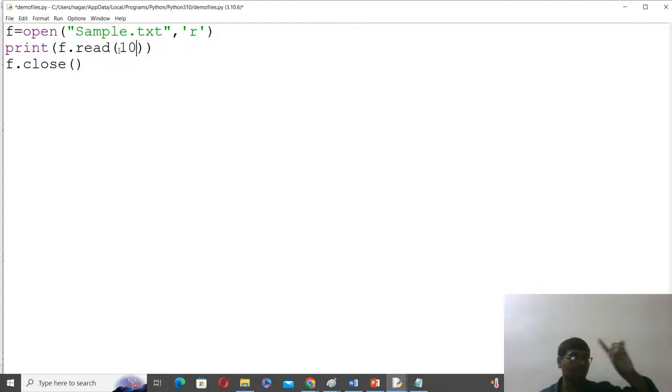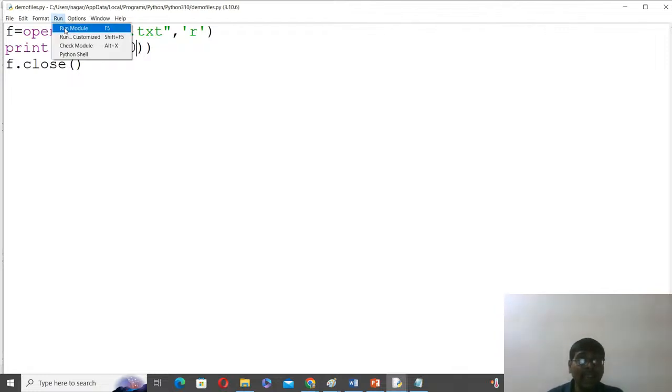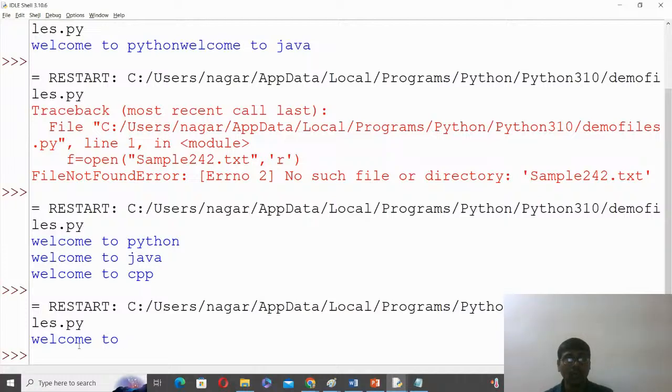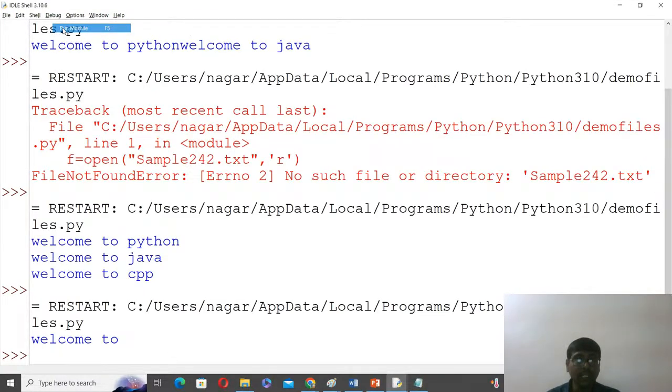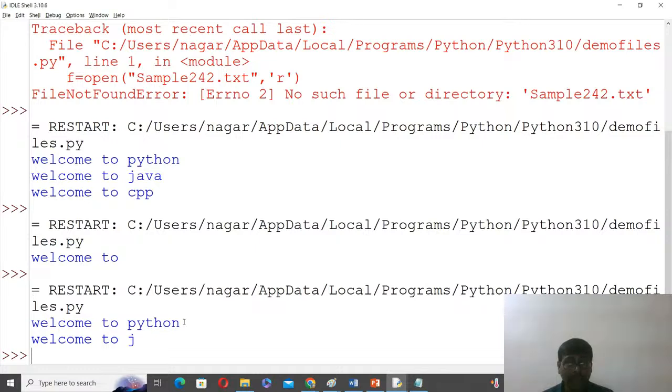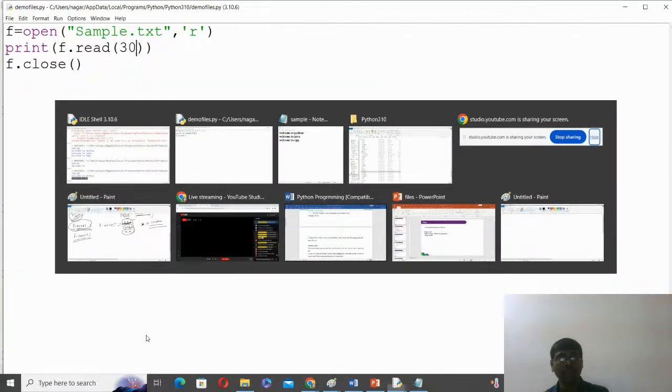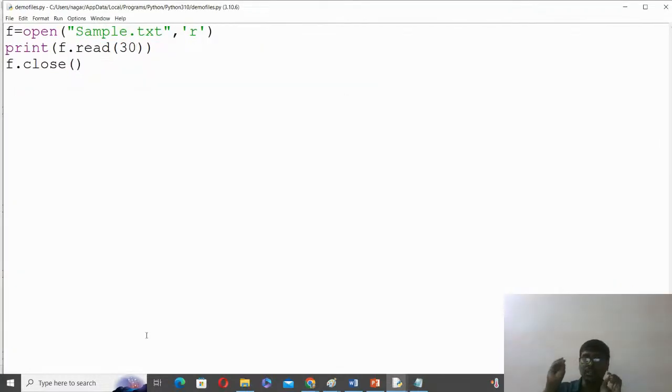Always from the beginning, remember, it reads only 10 characters. For example, 30: it reads 30 characters. So here 17 characters are there, so it reads what remains. Now you got the point. Just read() means the entire information is read. read(n) means that many characters are read.